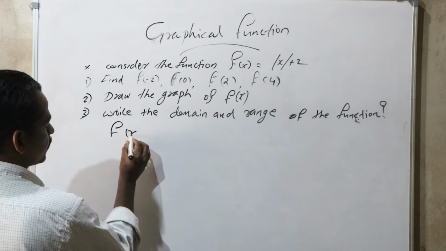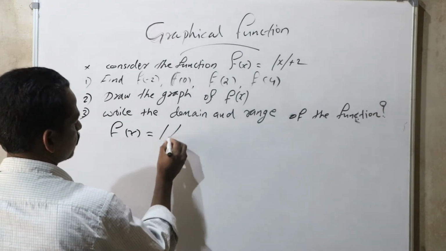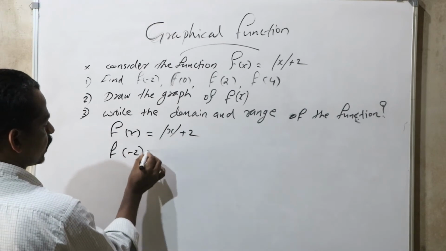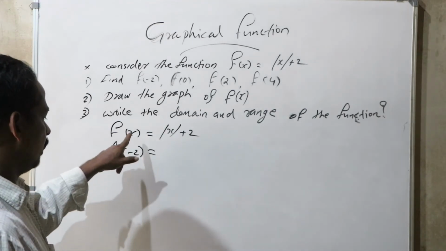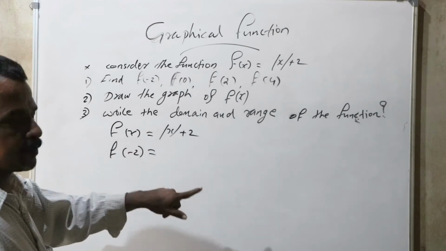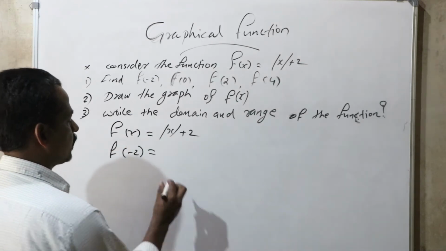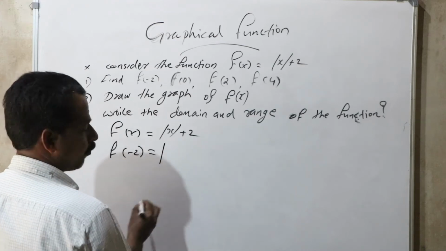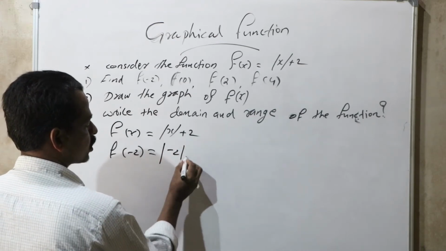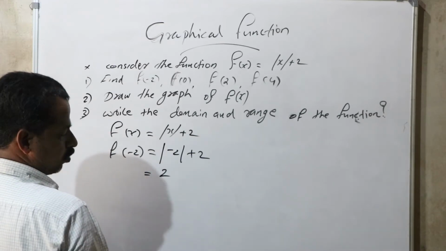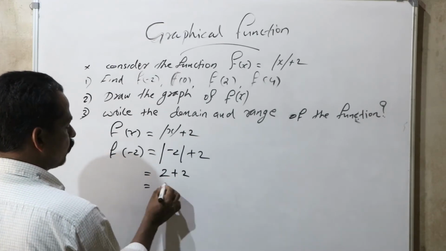F of x is equal to mod x plus 2. F of minus 2 is equal to minus 2 comes instead of x. So we must put minus 2 instead of x. Mod minus 2 plus 2. Mod minus 2 is equal to 2, plus 2 is equal to 4.